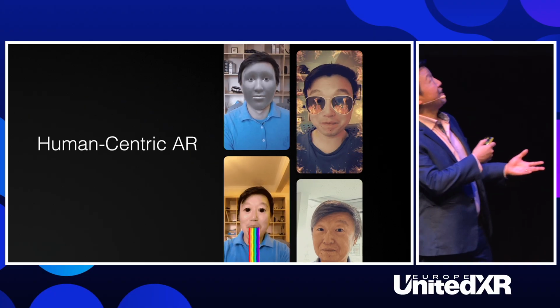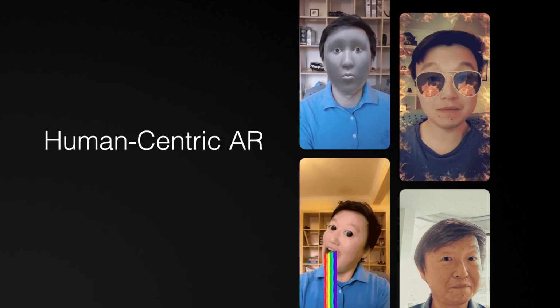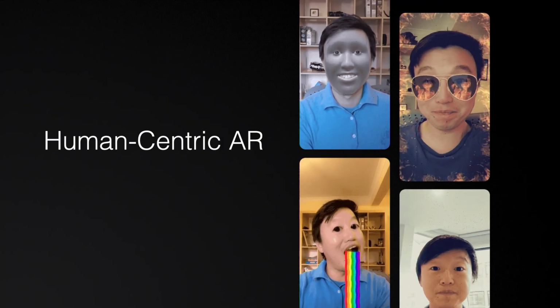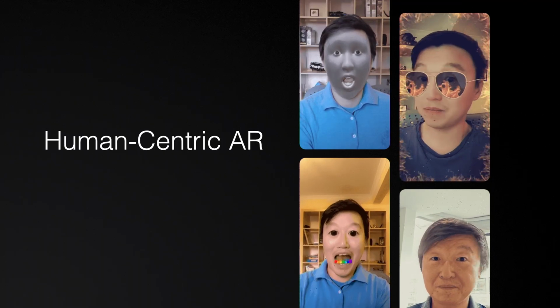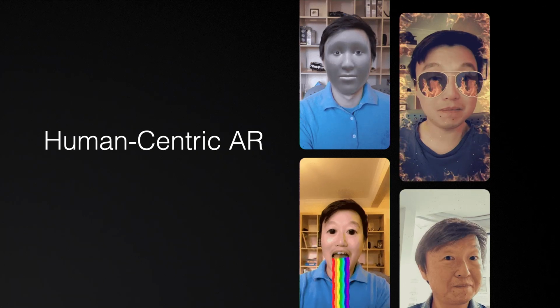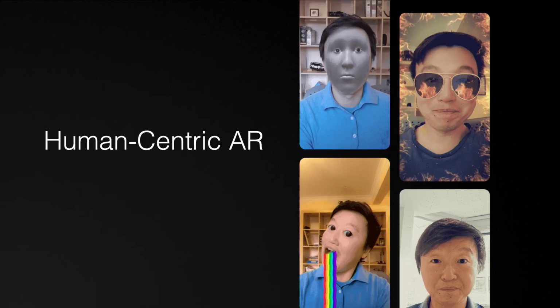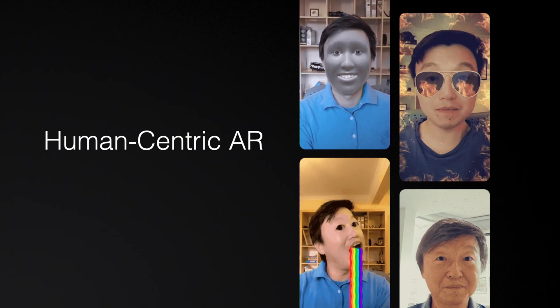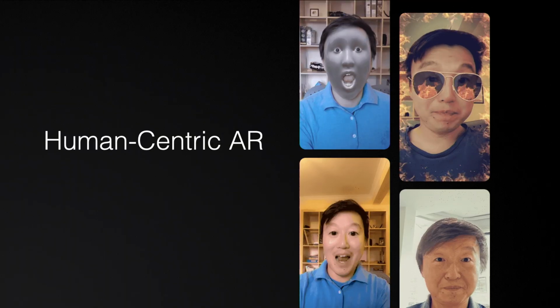When we use our computer vision and machine learning algorithms, we can understand the structure of the face, which is what this gray mesh shows you. Using that, you can make someone puke a colorful rainbow or put on some shades. And you can even use the latest machine learning techniques to transform people from old to young or vice versa. This is all using the power of the machine learning technologies that have advanced so much in the last few years.